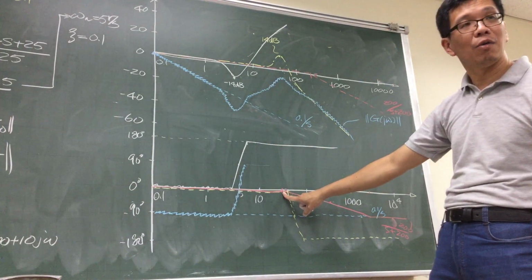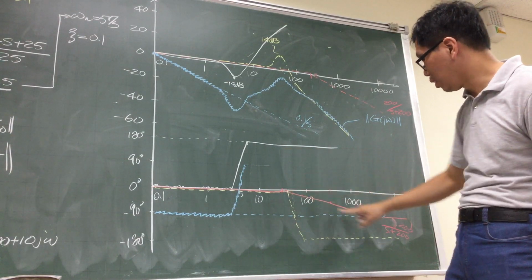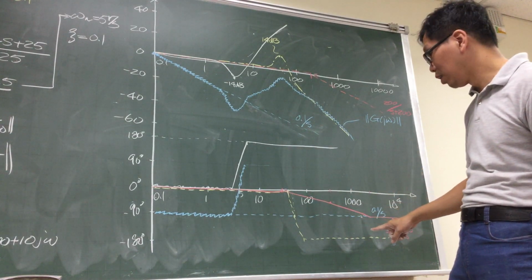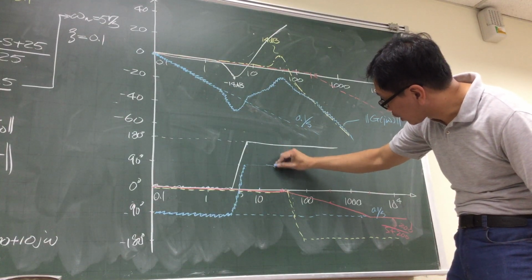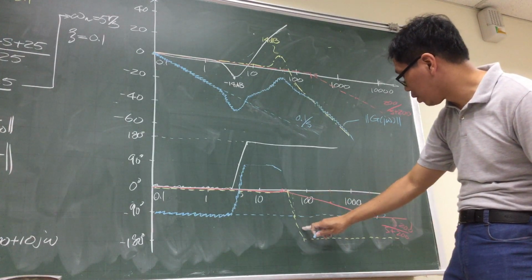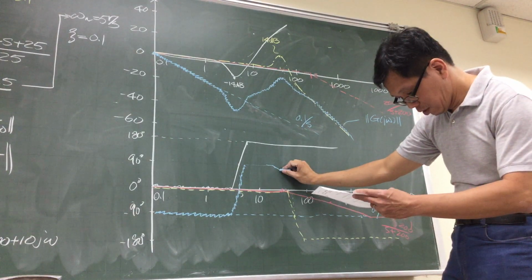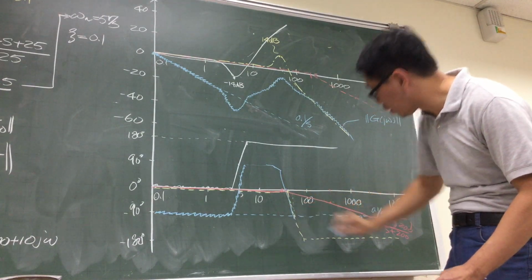But when it becomes 50, this is no longer flat because the slope over here starts to take place. So it will be something like this. Then you are going to have this one plus the effect of this one. So it will be a little bit deeper.